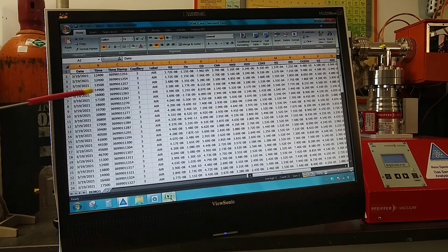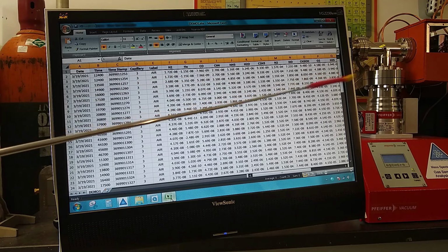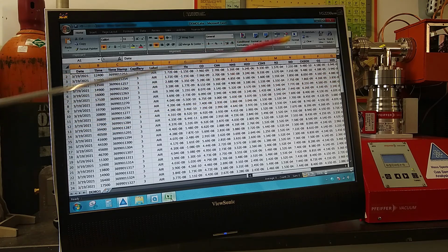So now we know when it was taken and from where it was taken. And then all these rows here are the mass spec data providing us with that full spectrum of information for each sample. So every 3 seconds we're appending this, so you can see that data becomes quite large over time.